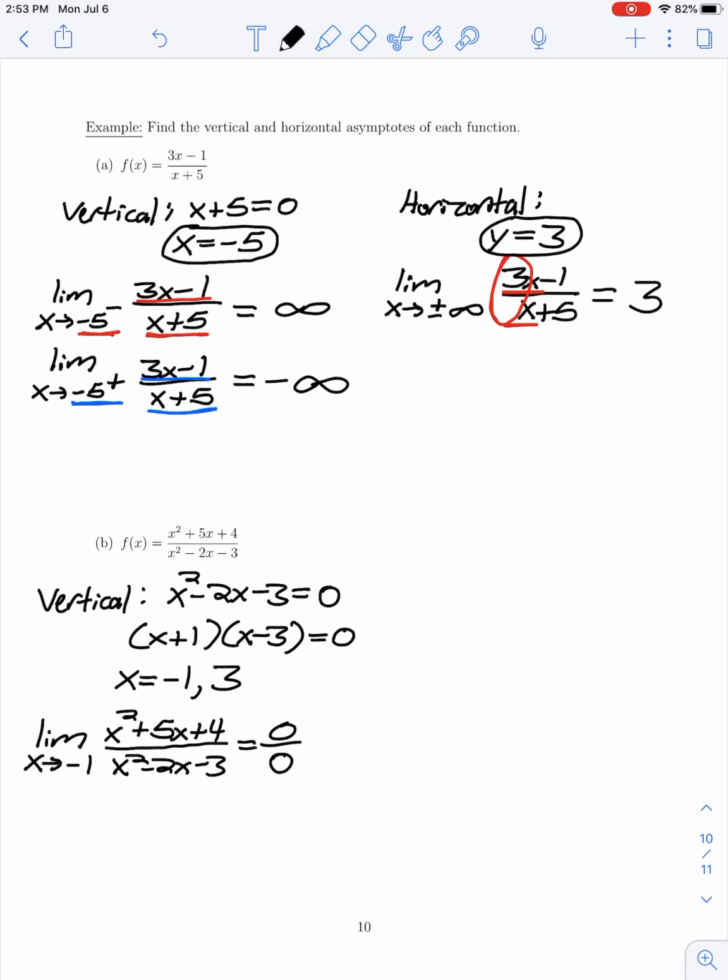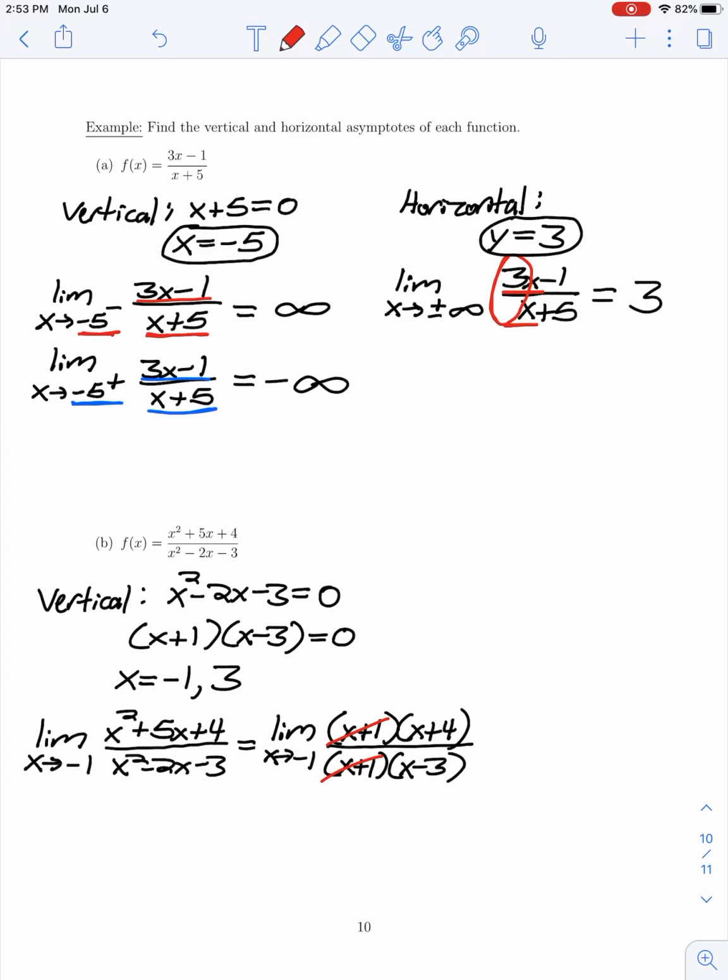And as we saw in the last section, to evaluate this type of limit, we could consider factoring the numerator and denominator. So here our numerator factors as x plus 1 times x plus 4. And the denominator, we've already said, factors as x plus 1 times x minus 3.